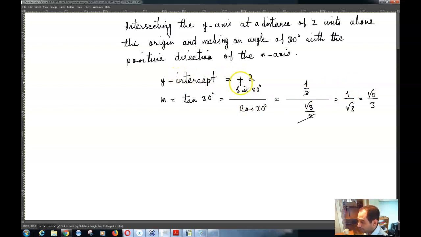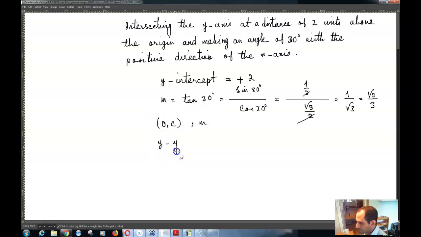I don't remember the formula really, but we said that if, let's suppose, your y-intercept is equal to c, then you will have some point like (0, c) on the y-axis, and you have your m.